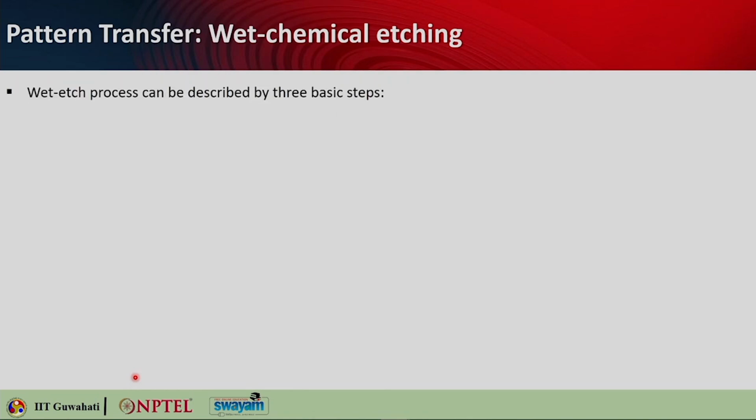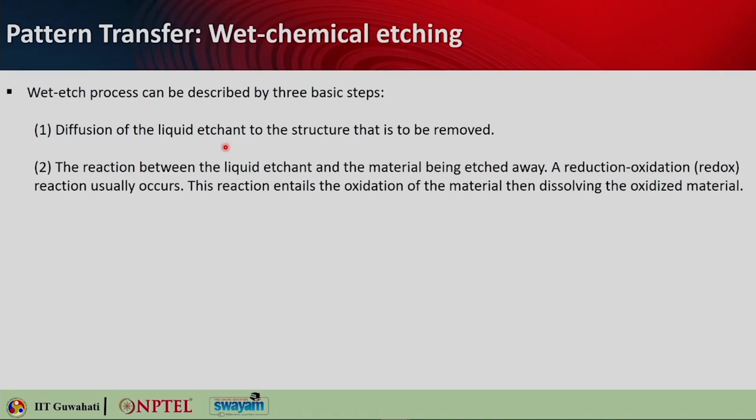This wet etching process can be described in 3 steps. First, you have diffusion of the liquid etchant to the surface that has to be removed, and then there is a reaction between the liquid etchant and the material that is getting etched away. A reduction oxidation, or redox, kind of reaction usually takes place, and this reaction entails the oxidation of the material, then dissolving the oxidized materials.